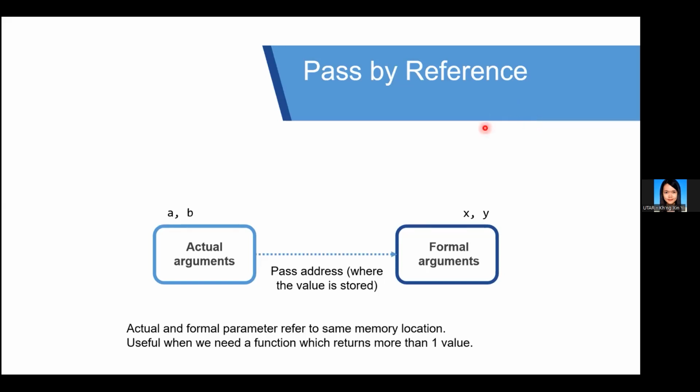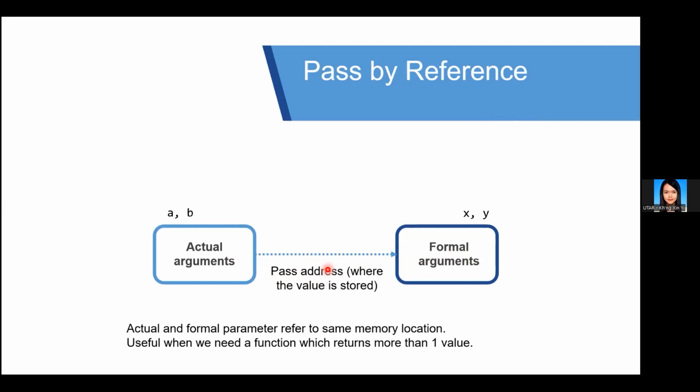No, it is going to pass down the address of the actual arguments to the formal arguments. So it's not passing down values, but instead it passes down the address. Do you know what an address is? Address means the place where the variable is stored in your computer RAM. This is what we call an address.